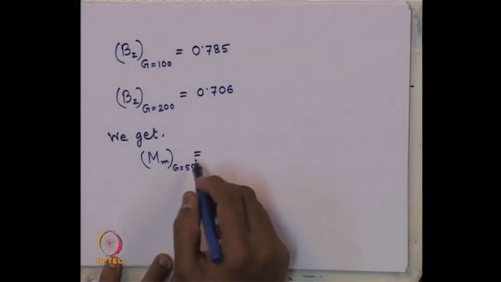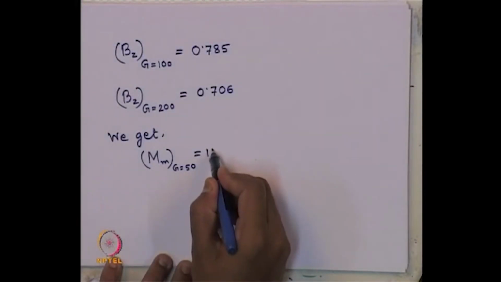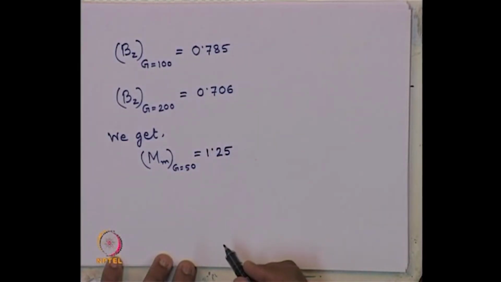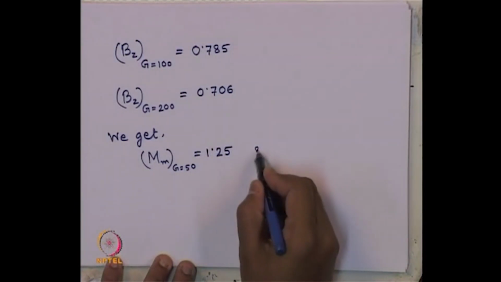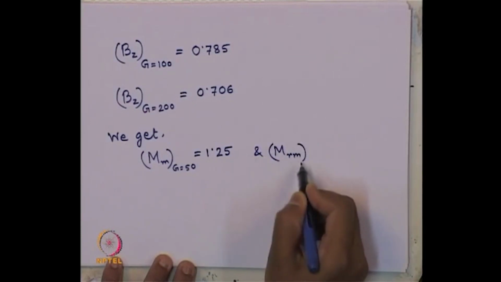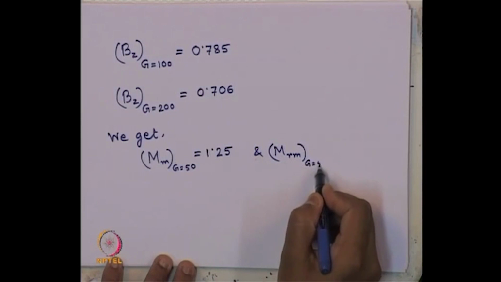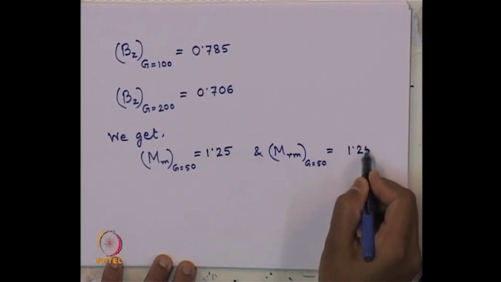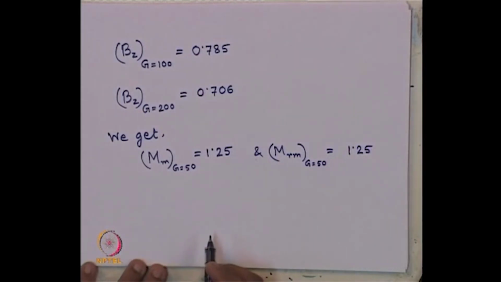By doing so, I am able to read the value of MM as about 1.25, and for rotating mass type excitation MRM, that also I am reading about 1.25 from the design chart.